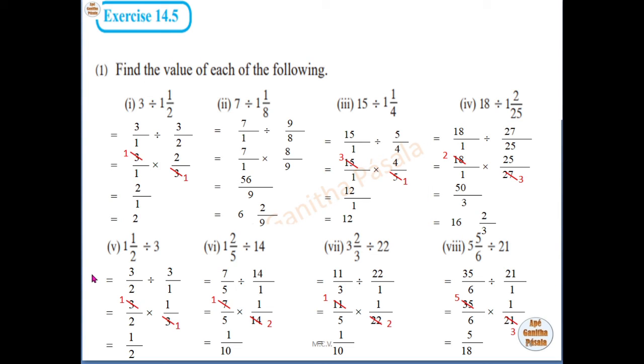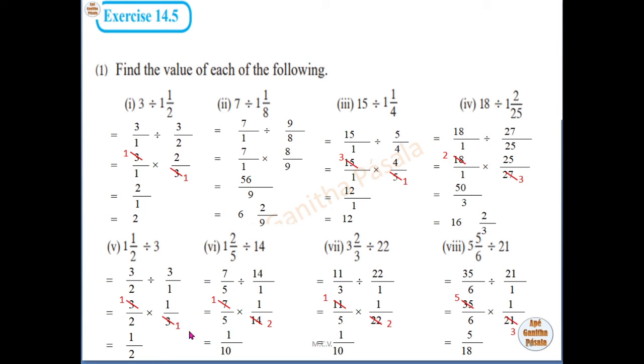Next one, Roman number 5 of exercise 14.5. 1 and 1 over 2 divided by 3. 2 into 1, 2. 2 plus 1, 3. 3 over 2 divided by 3 over 1. 3 is a whole number, so the denominator is 1.